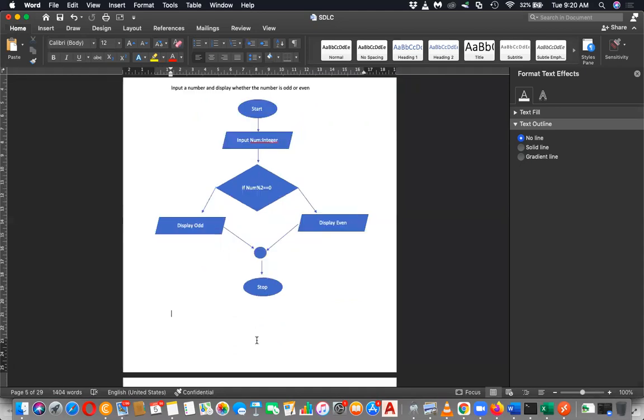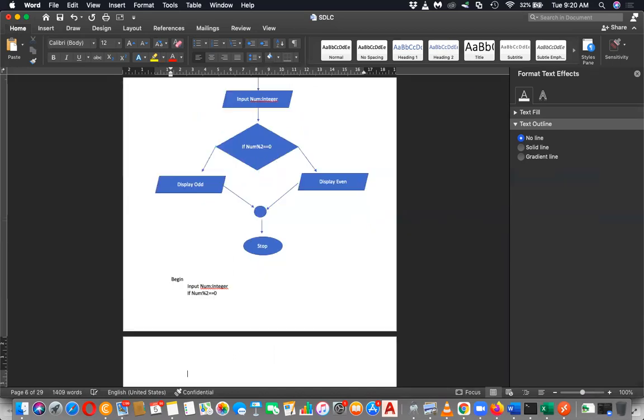Pseudocode is begin. Input num. Then you have to input the num, which is an integer. And then if num modulus 2 is equal to 0, then what you have to do?